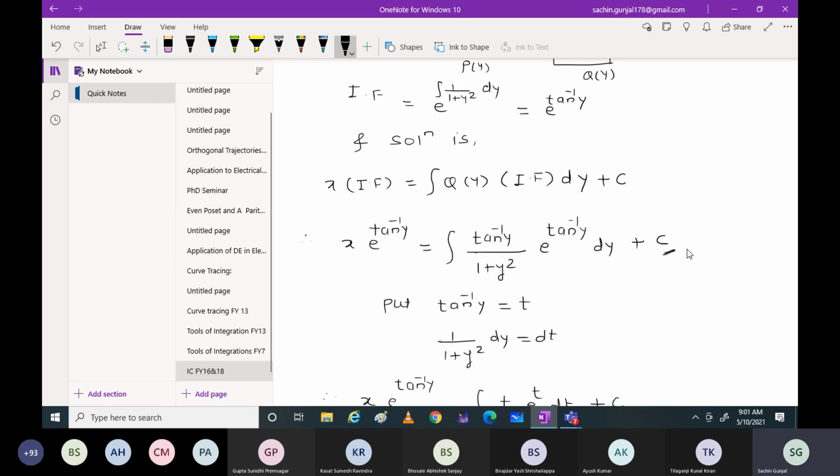Is that clear to everyone? Yes, sir. So whenever you take an indefinite integral, that constant of integration is there. But by this logic, you can absorb it in this constant.